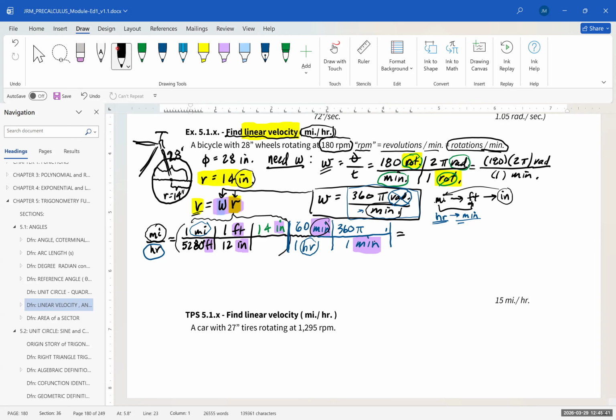All right, so minutes will cancel with minutes. Inches will cancel with inches. Feet will cancel with feet. And that'll leave us with miles per hour. So everything that we have in the numerator, we've got 14 times 60 times 360 pi, and that's going to be miles per 5,280 times 12 hours.